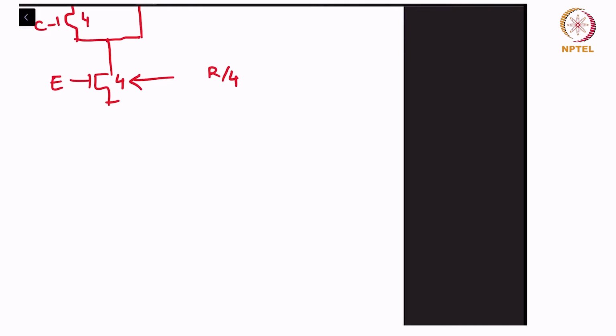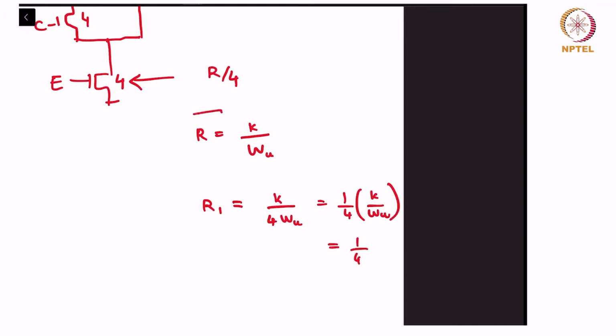So R is equal to K times unit width, right? So let's say R1 corresponds to K times 4 unit width. This is 1 by 4 times K by unit width. So this is 1 by 4 times this one. K by WU is R, 1 by 4 times R. So this 4 corresponds to, so what I'm saying is WU unit width is 1, right?